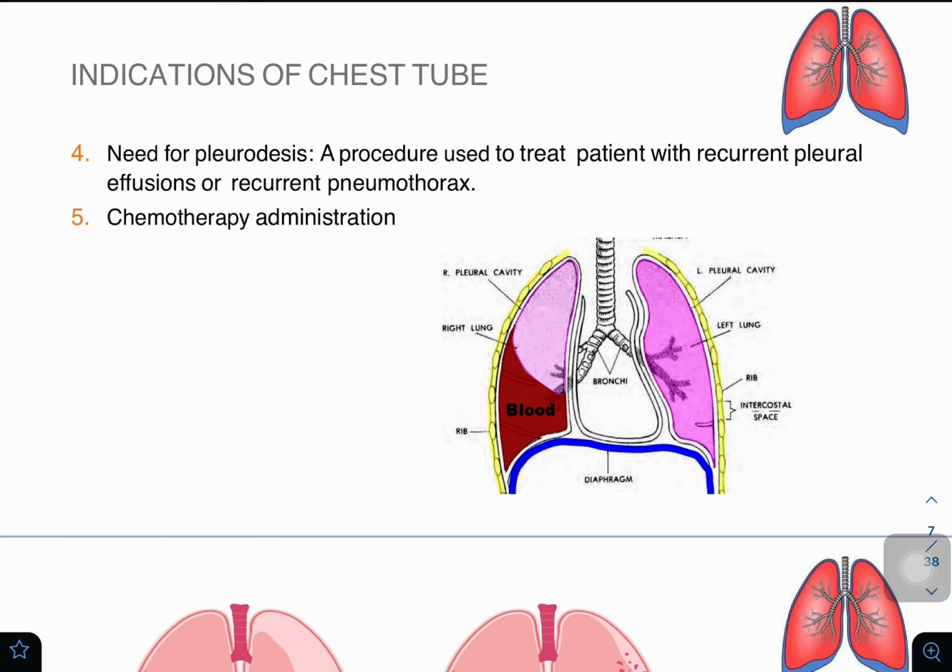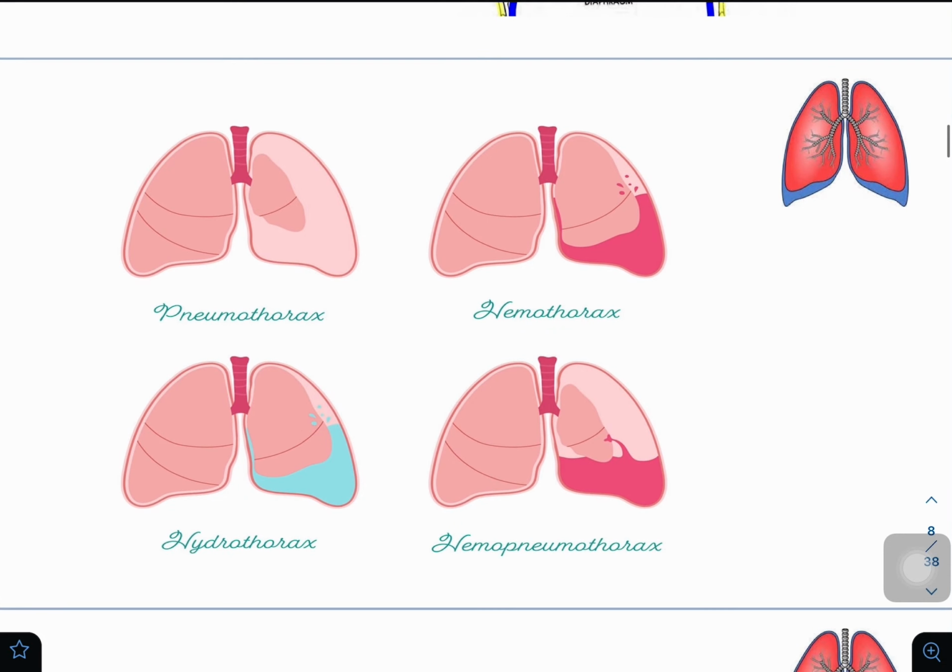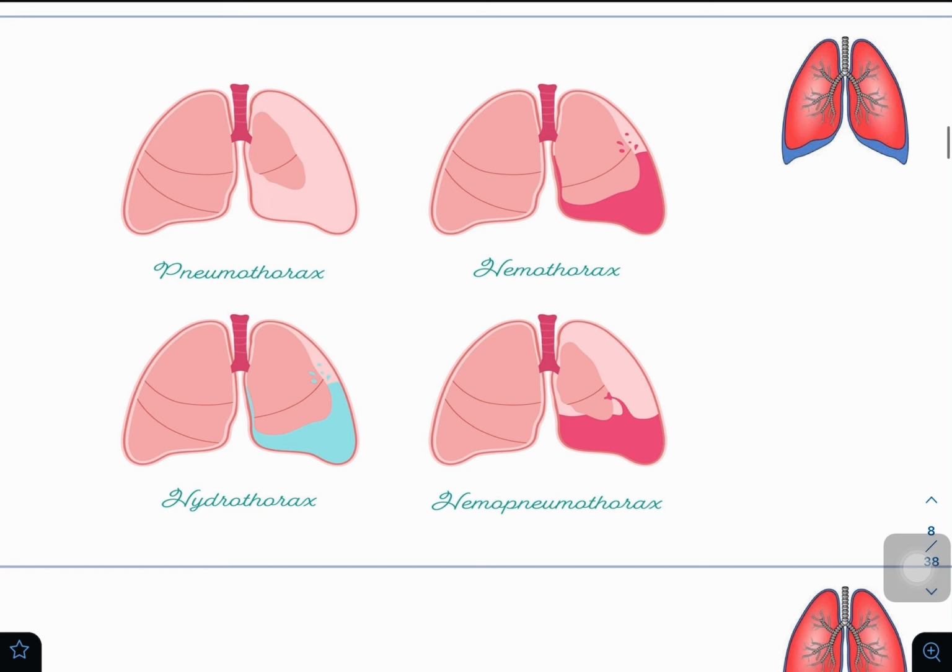Or in a pleural effusion, when we are intending to do a pleurodesis, we can put a chest drain, or for therapeutic purposes, or for chemotherapy administration in some cases, like TPA, DNase, talc.